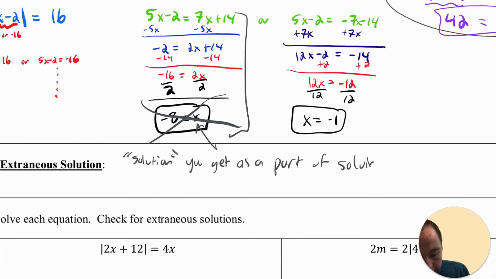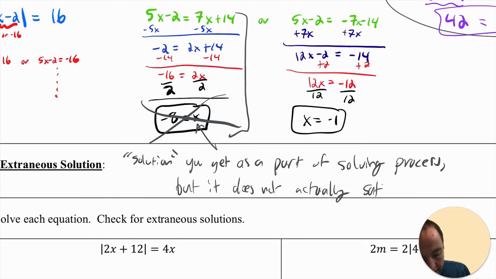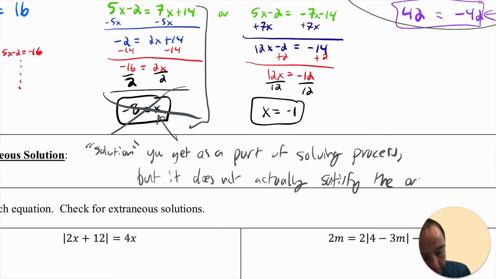So you go through the normal steps that you would to solve an equation, but it does not actually satisfy the original equation or the original problem that was posed, right?